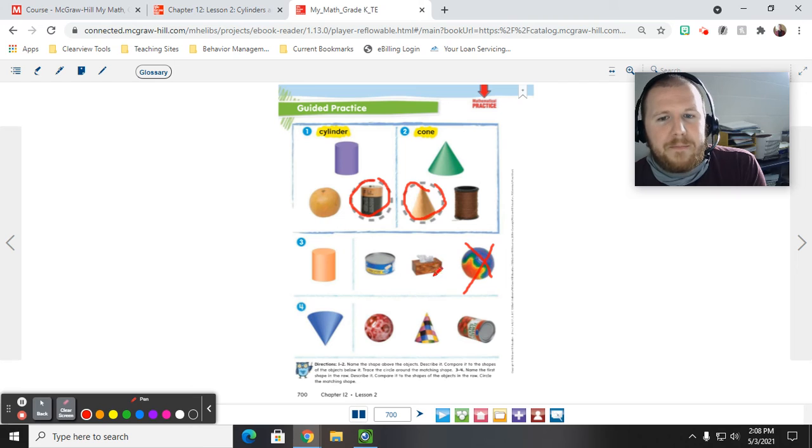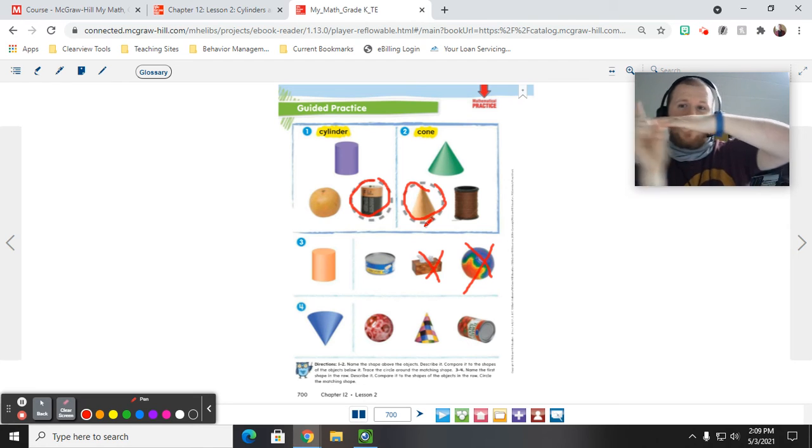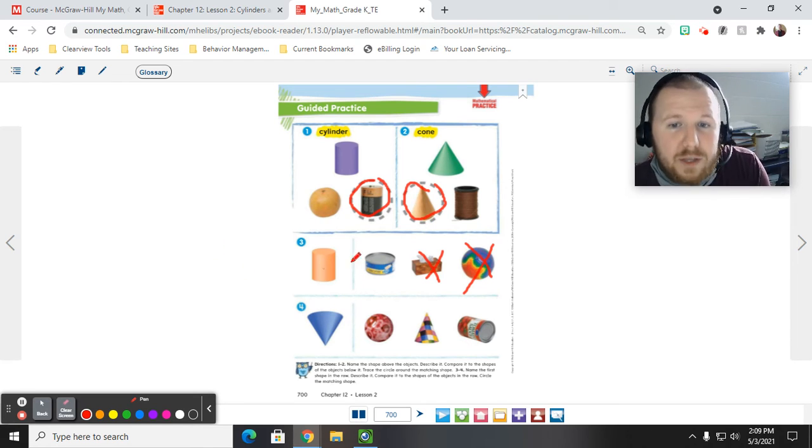And then this, it looks like a box. It's a tissue box. And remember, we were talking about box shapes yesterday. This actually isn't a cube, though. We'll talk about that later. But it's not that. You might be wondering, what about this tuna? But it comes in a can and it has two flat sides and is round on the outside. So yes, this is a cylinder. It's a short one, yes, but it's still a cylinder.